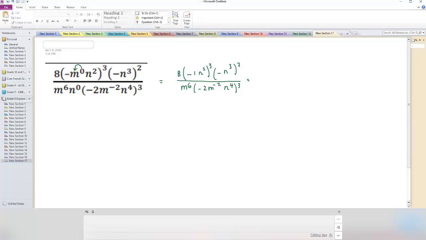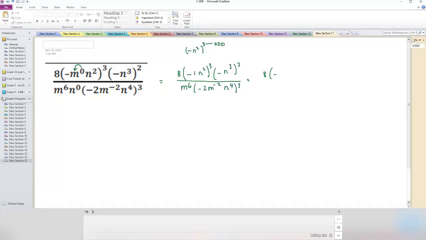Next step, when I see power of a power, I can deal with it now. So the 8 will stay as it is. Negative 1 n squared, that means negative n squared. So all of that means negative n squared, the negative n squared to the power of 3. We said if the exponent is an odd number, that means the result is going to be negative.